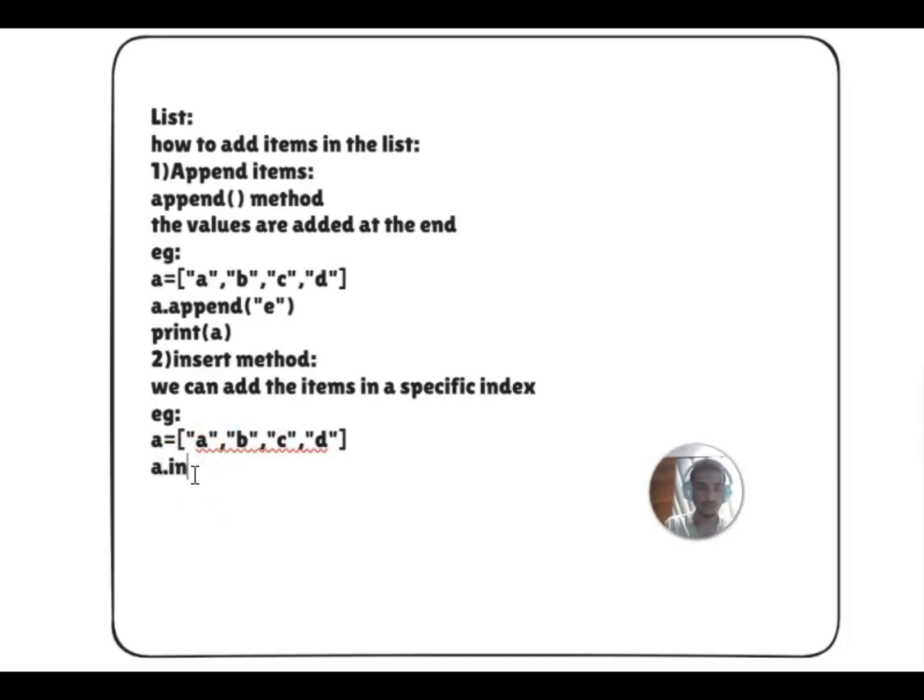a dot insert. So first you should write the index value. I should add at the B position. So the index value of B is 1. So I'm adding at 1, and we want to add the value E and print the list.